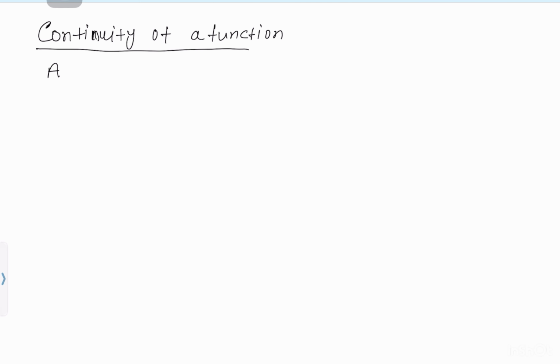Continuity of a function. I am writing the mathematical definition only.